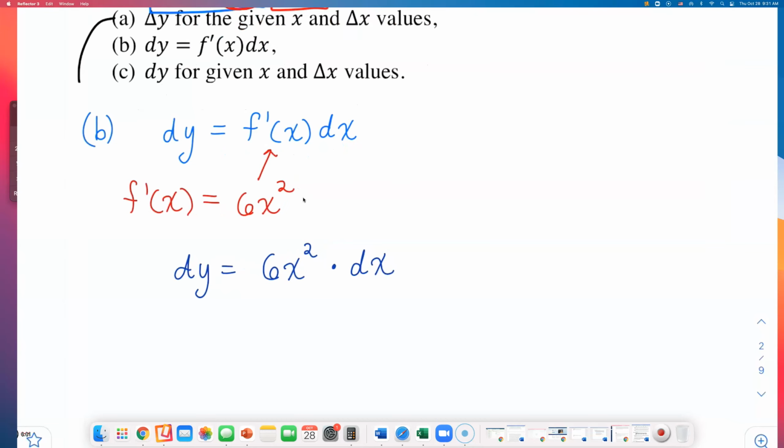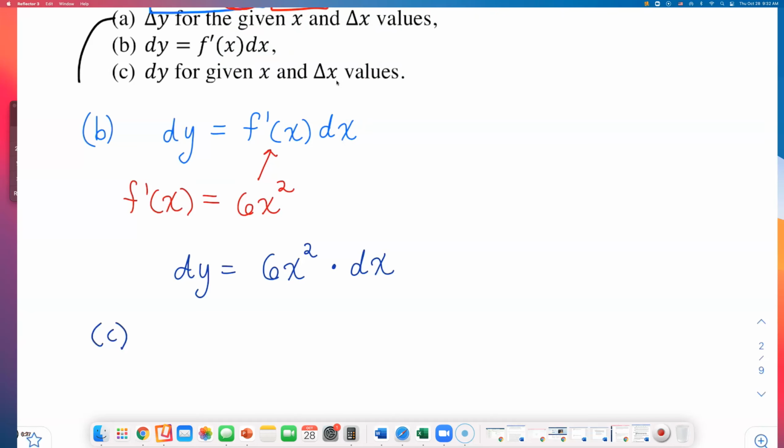Now let's use this to answer part C. They want you to find dy using that given x and given delta x value. Remember, they said x is equal to 4. Oh, well, I have those right there. They said x is equal to 4 and delta x is equal to, or dx is equal to 0.05.